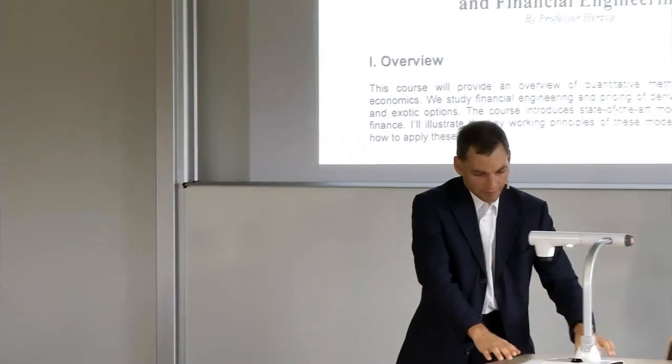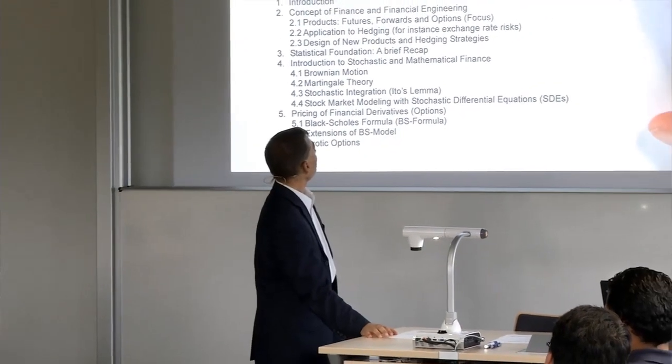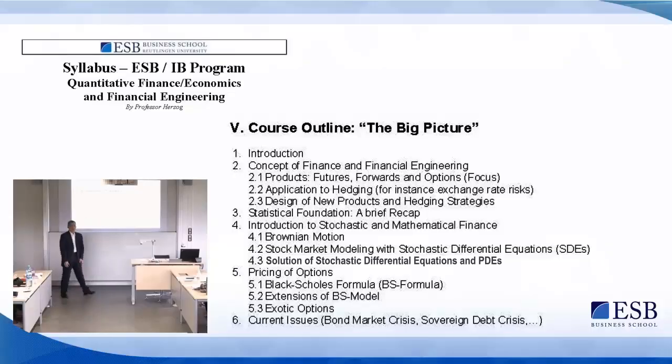I also have an outline here, which once again shows what I already mentioned. What we will do in the first, let's say, two to three weeks is sections 1 and 2. One is, I give you the idea of what an option is and what the properties are, so that you know a little bit about this category.